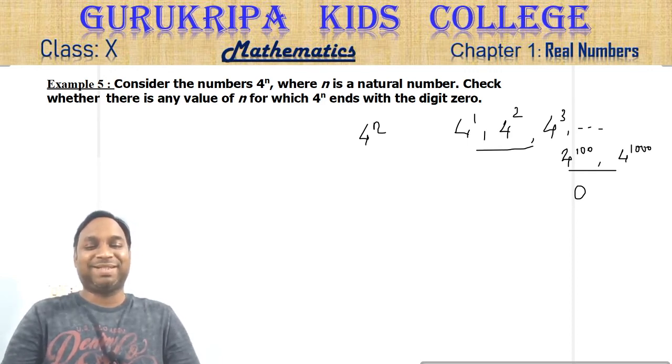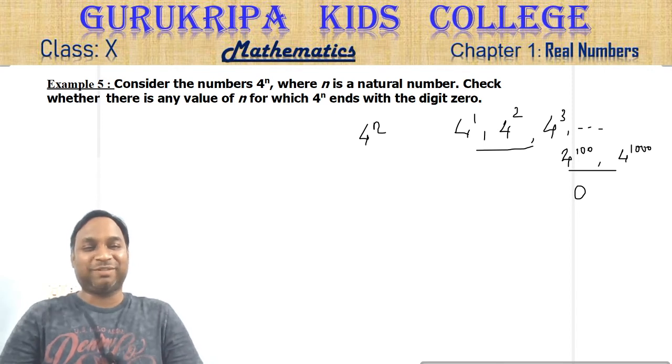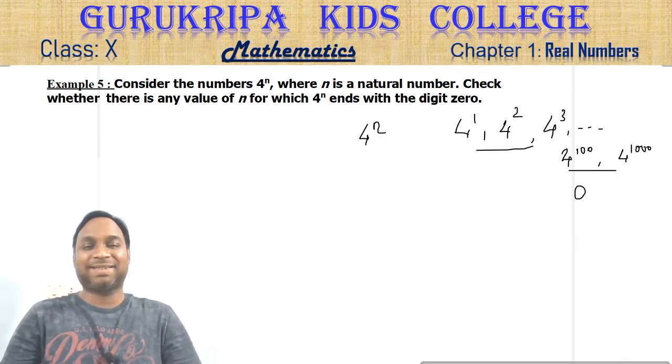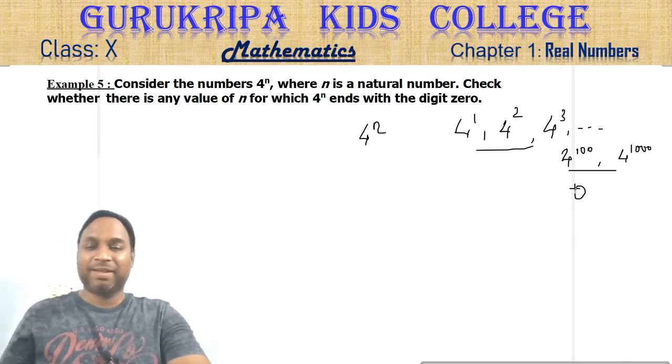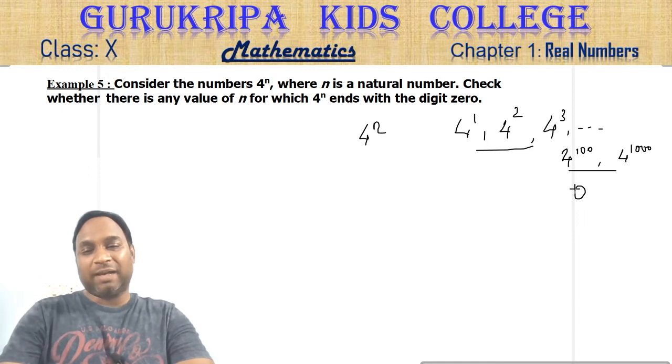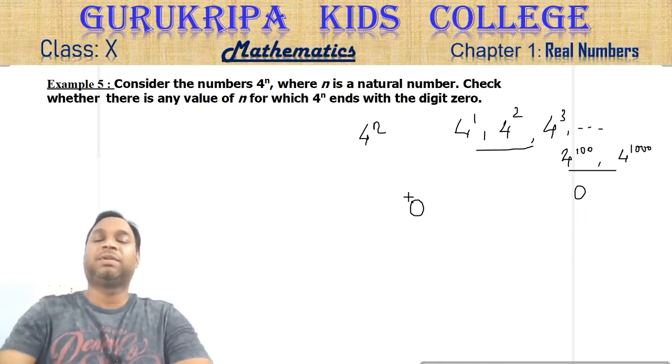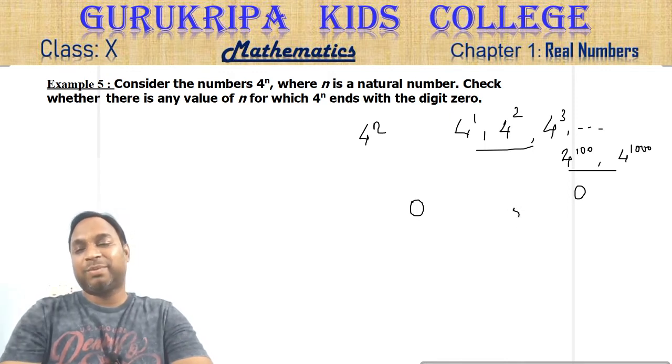Seems a difficult question. No, it's not so difficult after all. What can we do? How can we find out? See, if you want to have a 0 at the last of a number, that means the number will be divisible by 5.